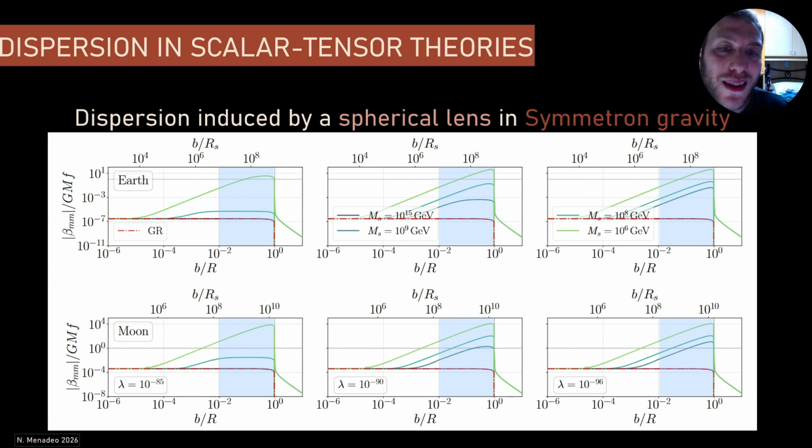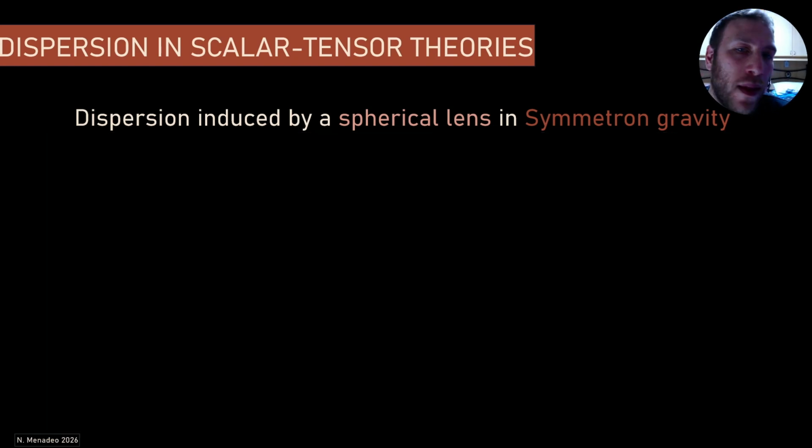In particular, the dispersion grows as the trajectory approaches the edge of the lens, as we can see here in these blue regions, and in particular reaches its maximum values close to the boundary. Meanwhile, we have an outside tail when we propagate outside the lens, which is not informative for us.